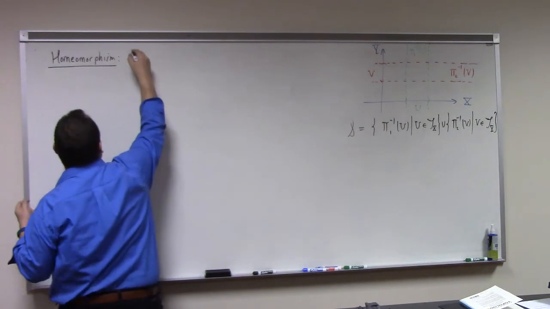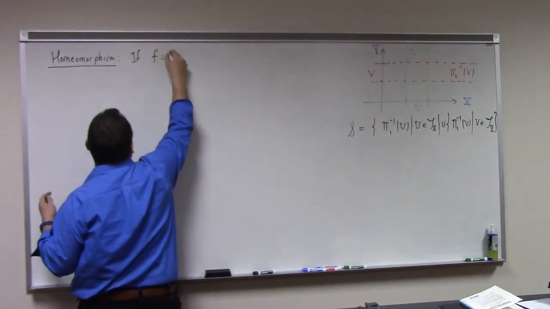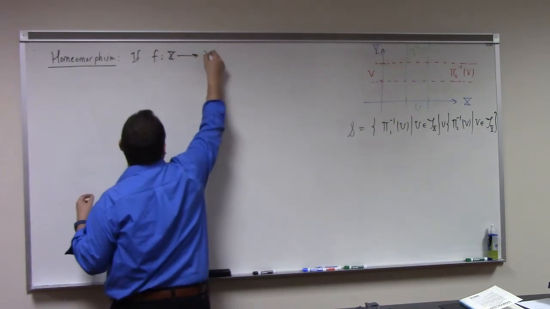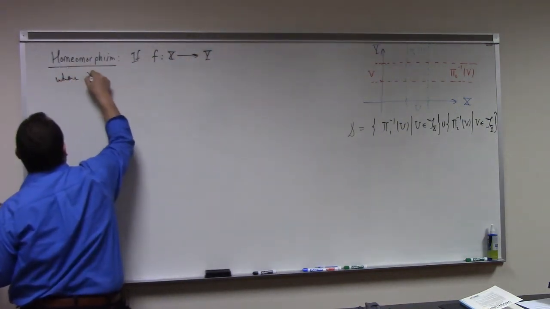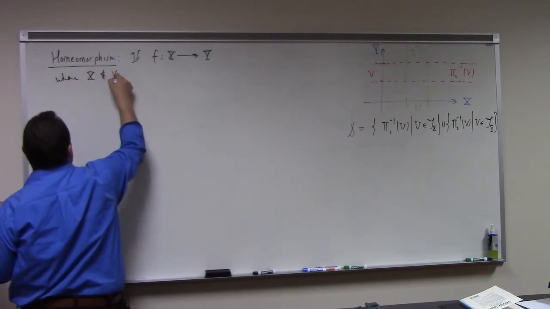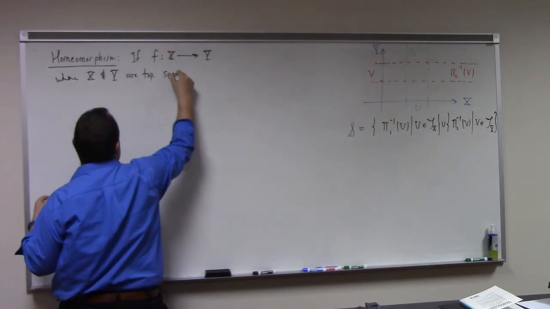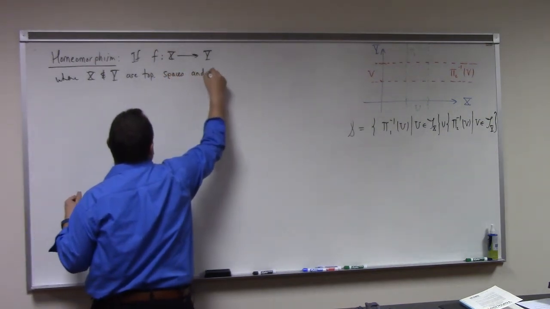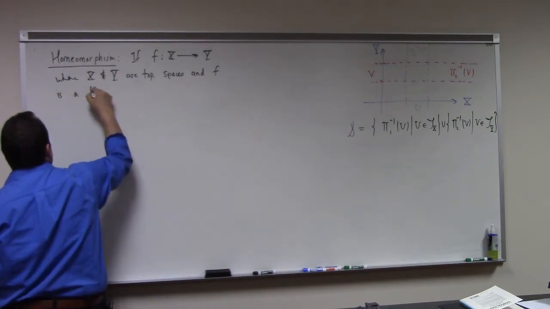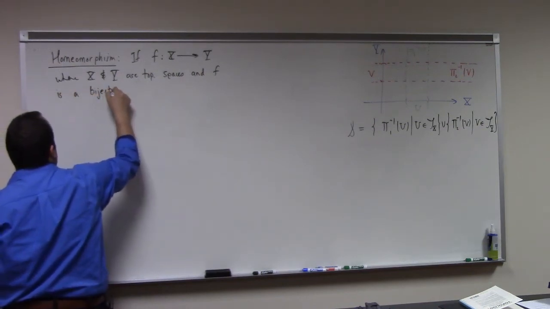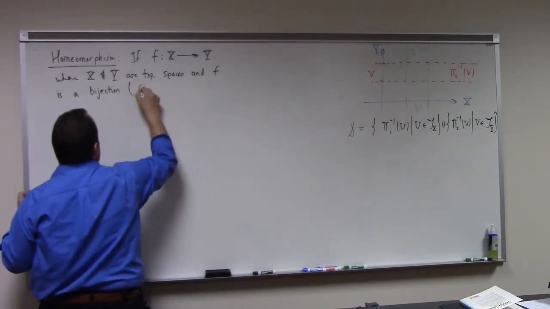Homeomorphism. So if we have a function f, which goes from X to Y, where X and Y are topological spaces, and f is a bijection, in other words, f inverse exists, right?